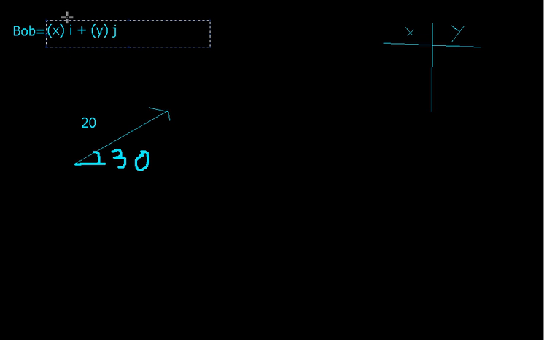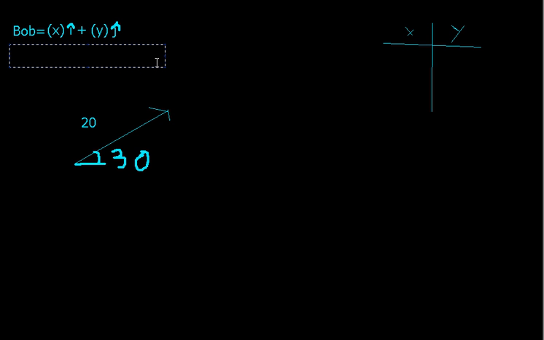You can't divide by them. You don't treat them like variables. They actually have little hats on them in actual vector notation, but I'm not going to bother with that because I can't use that on a keyboard. But this is the x component, and this is the y component.